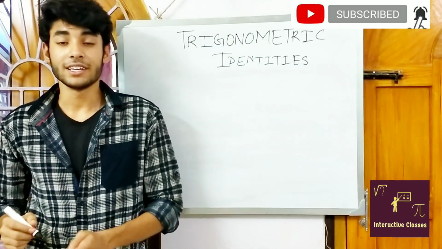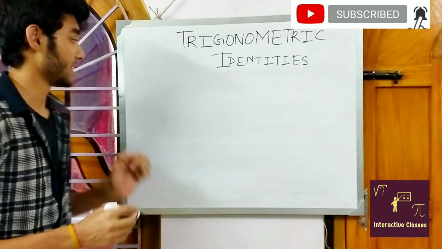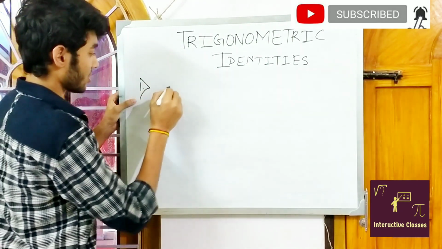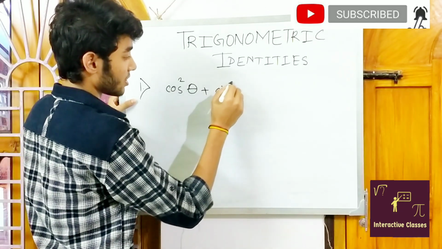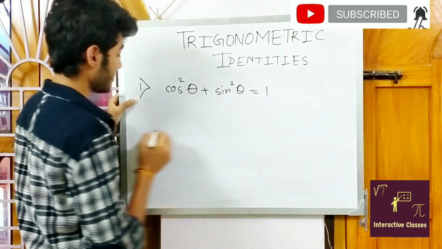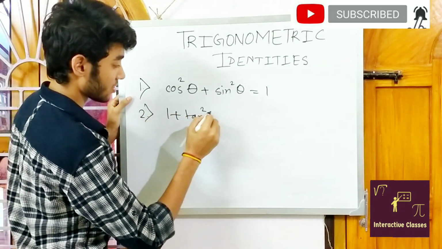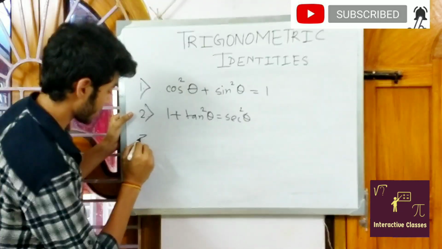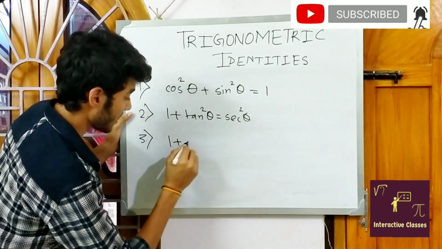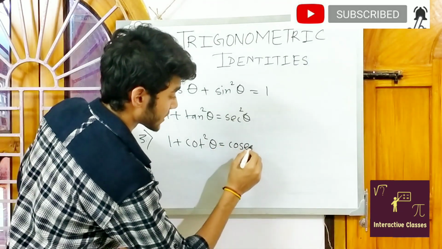Now, in class 10, there are basically three trigonometric identities: cos square theta plus sin square theta equals 1, 1 plus tan square theta equals sec square theta, and 1 plus cot square theta equals cosec square theta.